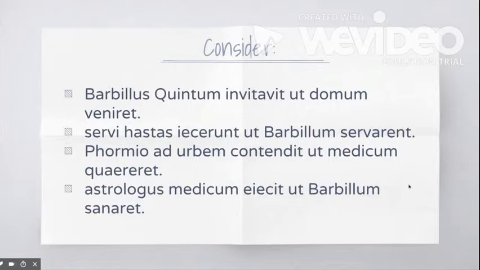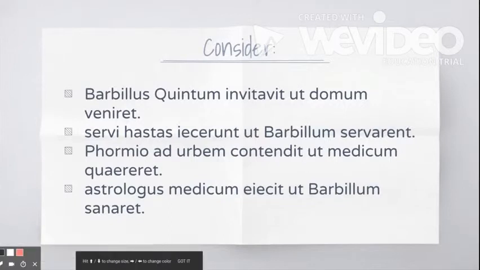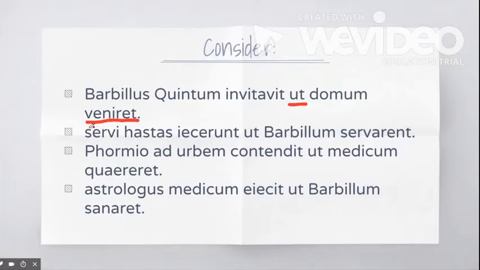Here are some examples for you. Barbilus quintum invitavit ut domum venirent. Barbilus invited Quintus in order that he might come home. Servi hastas iecerunt ut barbillam servarent. The slaves threw spears in order that they might save Barbilus.